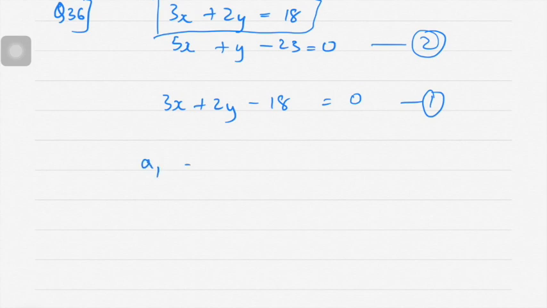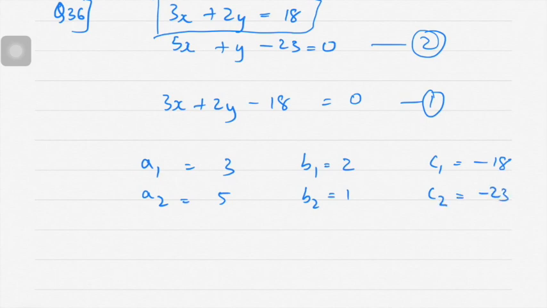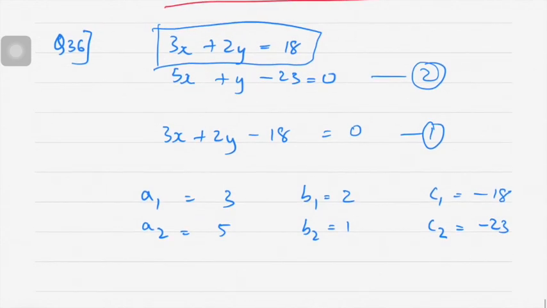So this is my equation 1 and equation 2. My A1 is equal to 3, B1 is 2, and C1 is minus 18. And equation 2, A2 is equal to 5, B2 is equal to 1, and C2 is minus 23.